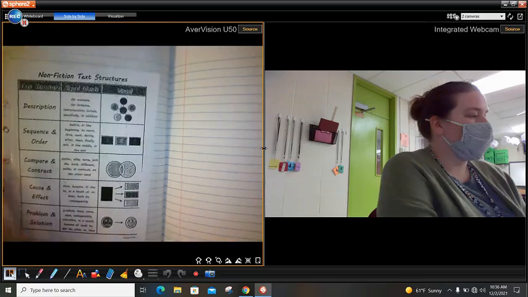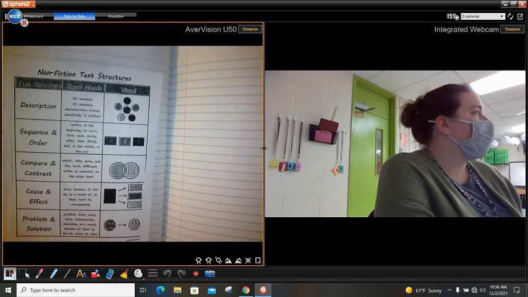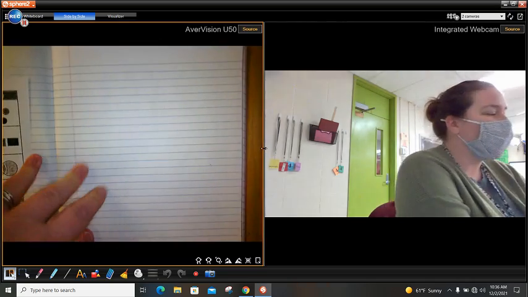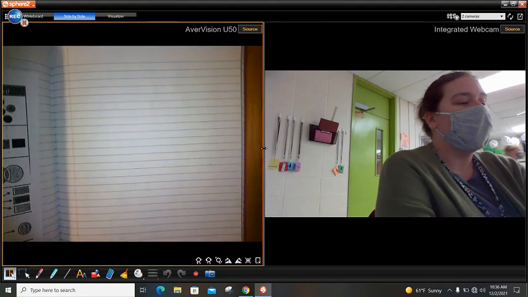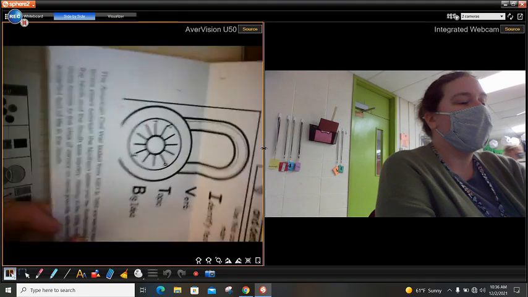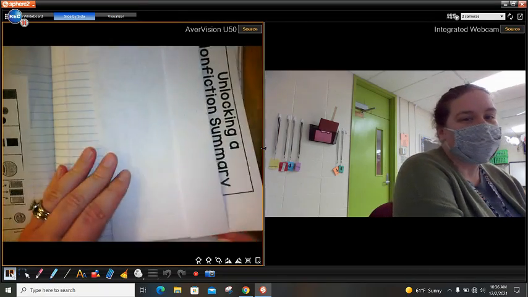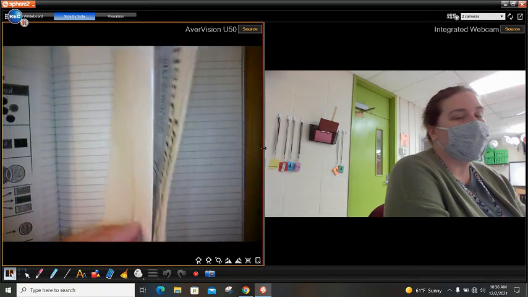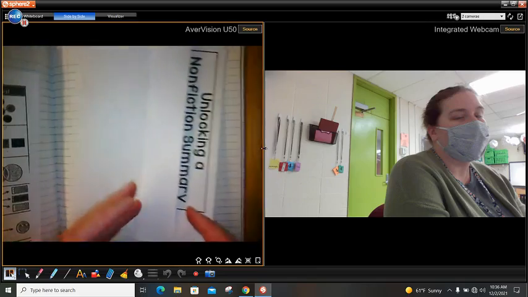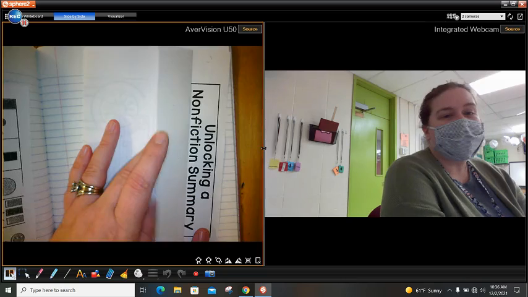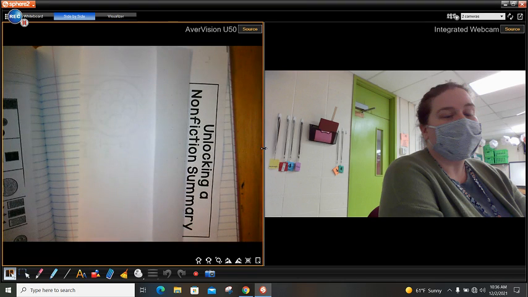All right, yesterday we talked about these nonfiction text structures. On the next page, you're going to glue in your summary, and I want you to pay attention to how you're gluing it in. I've already folded this note that Celia passed out. When you open up, it looks like this. If you leave it the way it was, you'll notice there's a little flap here.